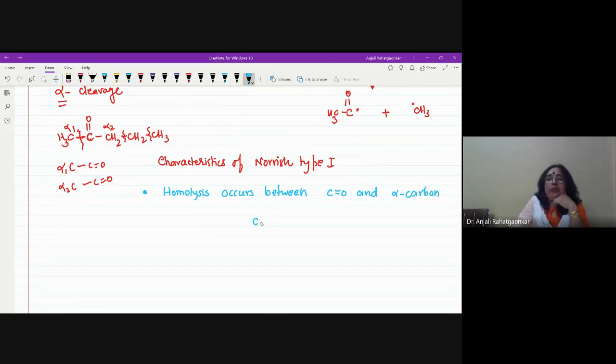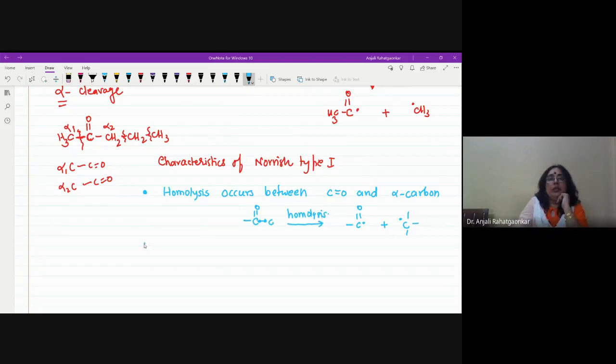Means if we have this, so how is the bond formed? Because of the two electrons, right? So if I take homolysis, there is a retention of electrons with the separate fragments. So this is a homolysis.